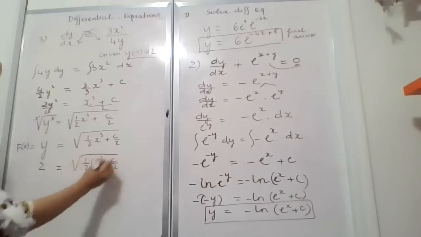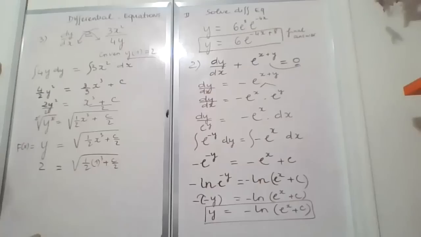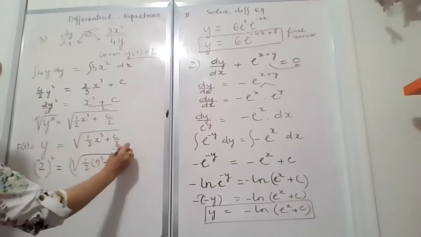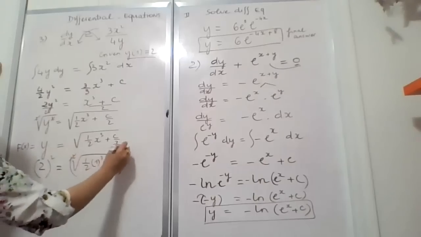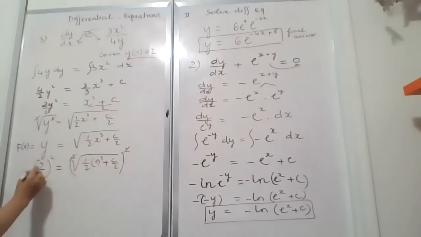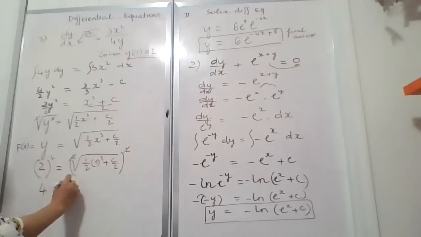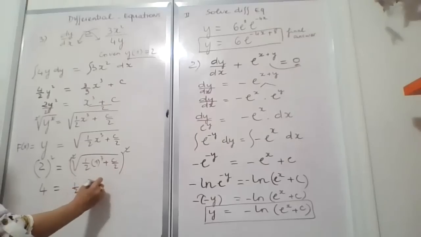Now, if we want to solve for this ugly radical, we have to raise both sides by the power 2. Right? So we can get rid of the radical 2 and power 2, both sides. So 2 to the power 2 equal 4, equal 1/2. 1 to the power 3 just 1/2, right? C over 2.